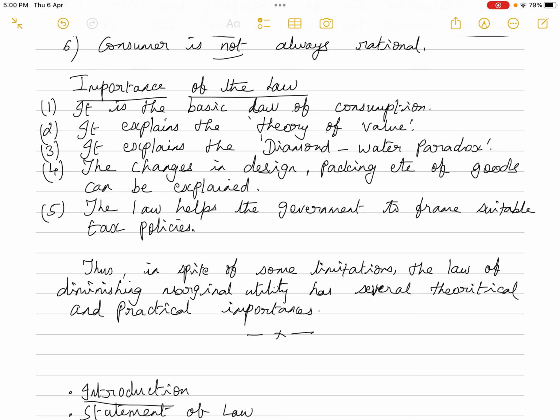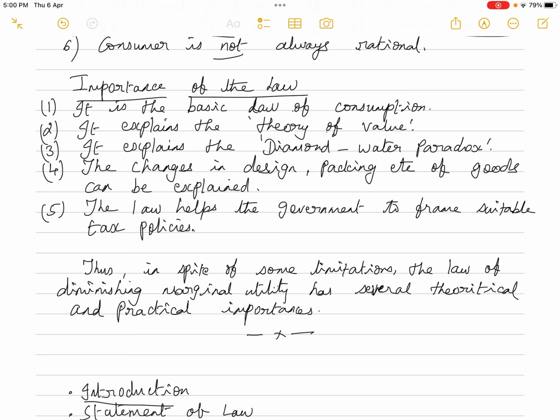But for water, there is no additional satisfaction. Water has only the total utility. There is no additional utility for water. So since the marginal utility is very, very low for water, the price of water is also very, very low. So this is the paradox. You can relate it to the law of diminishing marginal utility.